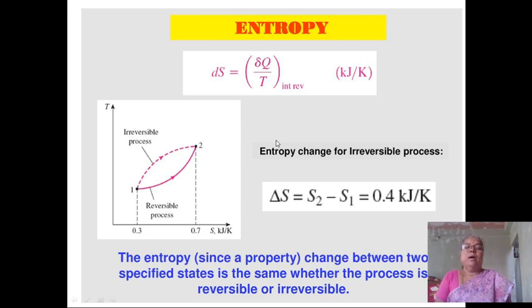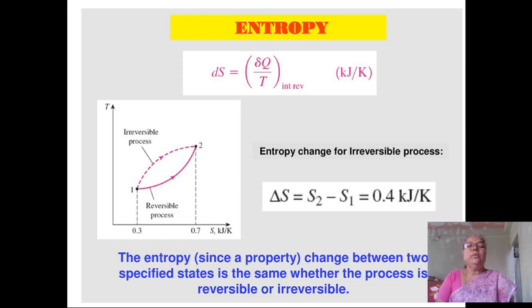Then the new concept of thermodynamics, a new term that today you are going to learn, is entropy. Entropy is a thermal property. It depends on temperature and remains constant during adiabatic change.